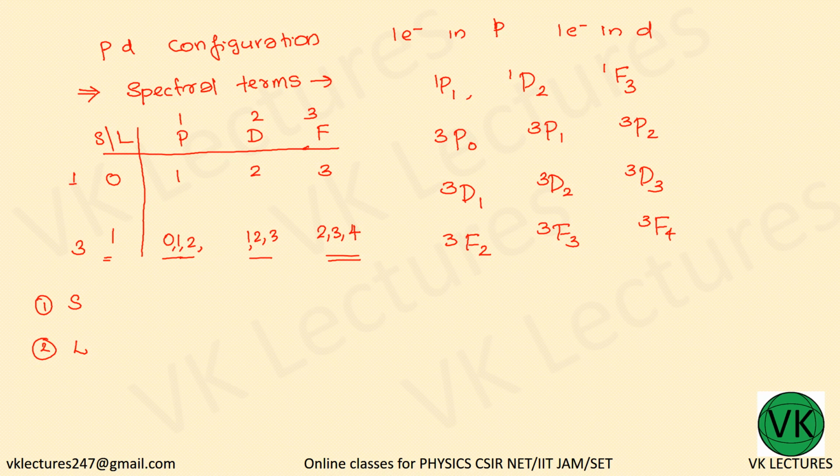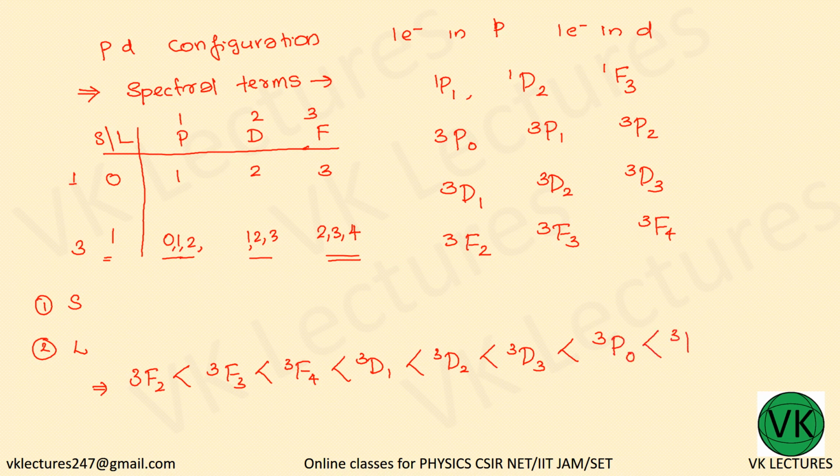Again, among the spectral terms, the highest energy is 3F2. Then 3F3, 3F4, then you have 3D1, 3D2, 3D3, then you have 3P0, 3P1, 3P2.